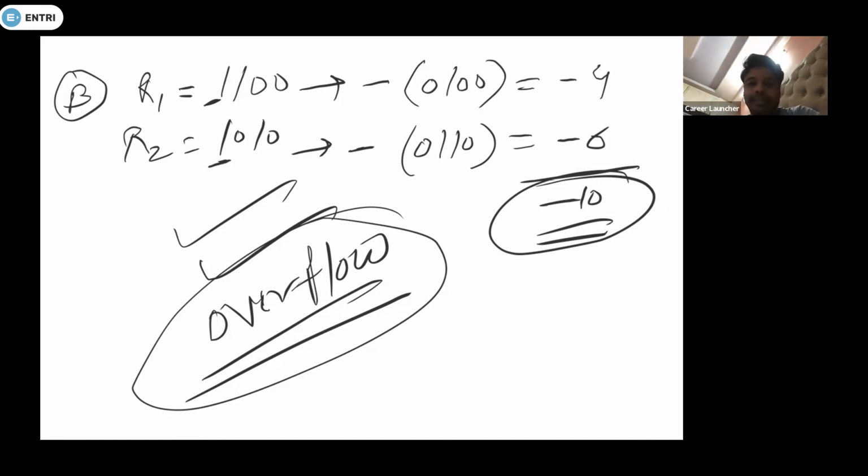So next one: consider the following three threads executing on a single processor, using binary semaphores with wait and signal. The threads can be context switched in any order at any point of time.